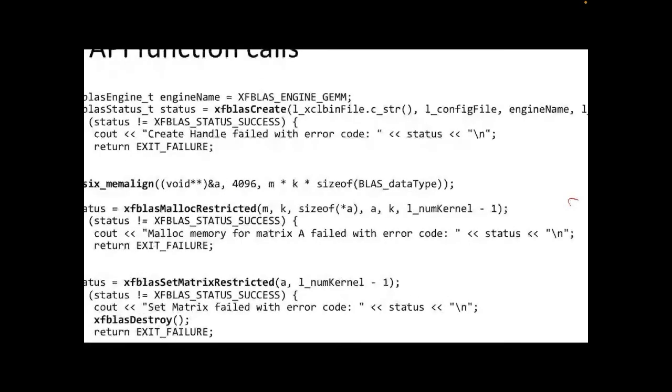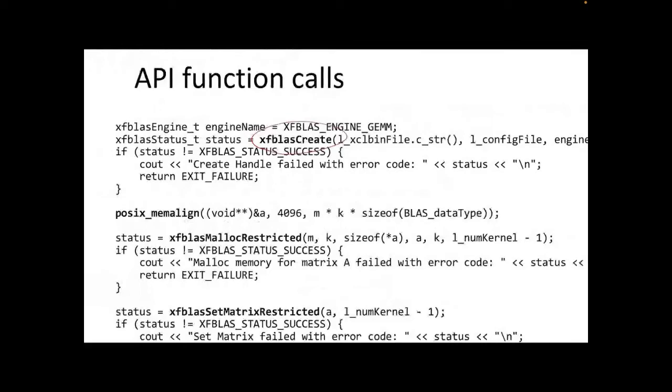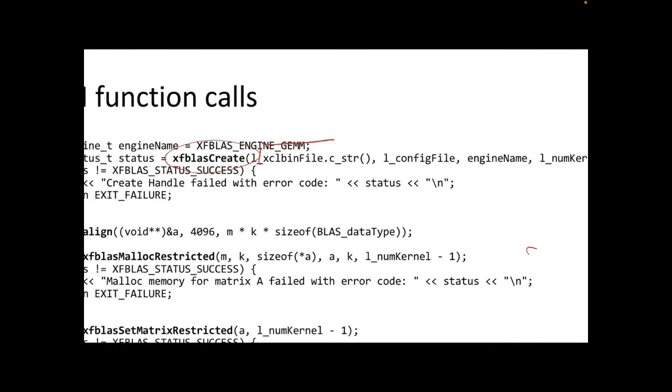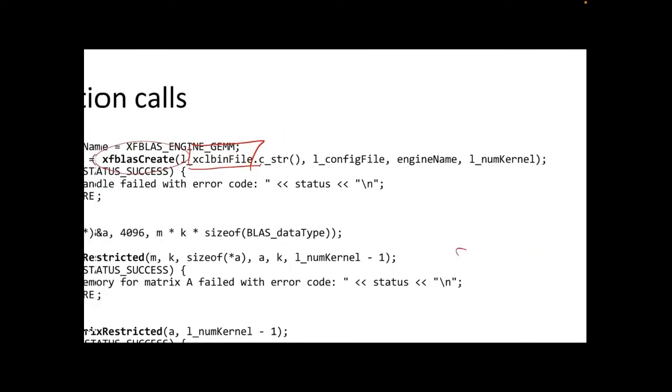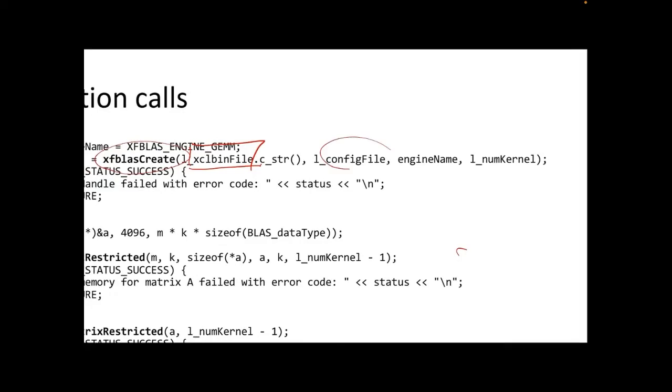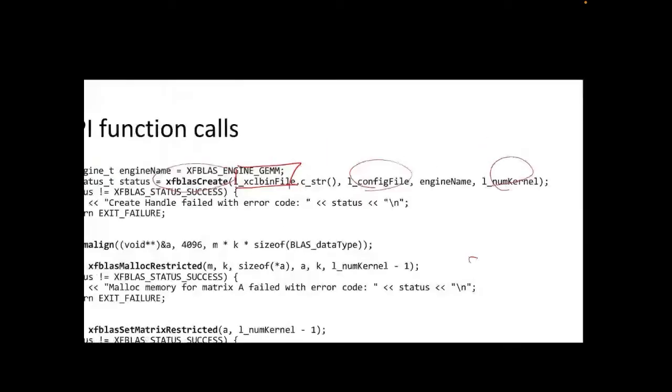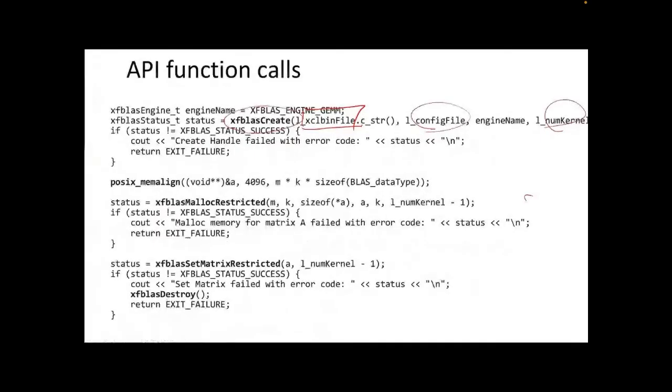In the beginning, we create a handle for the kernel by providing the xclbin file path, some configuration files, and the number of kernels. When the handle is created, we allocate the memory on the host side for matrix A, and we also allocate the corresponding memory on the device.